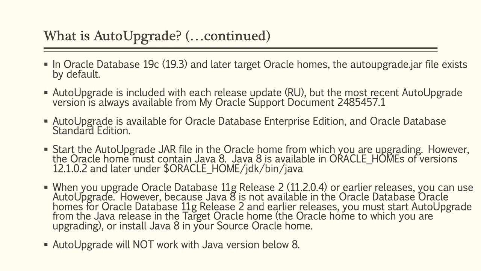So you now have a situation. Your source database, which is 11.2.0.4, does not have Java version 8 and it runs on Oracle Linux or Red Hat Linux 6. Now you are planning to upgrade that database to 19C. That 19C already has Java version 8 installed on it, required by this auto upgrade utility.